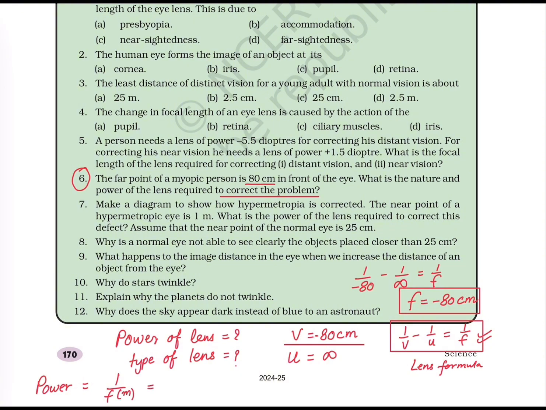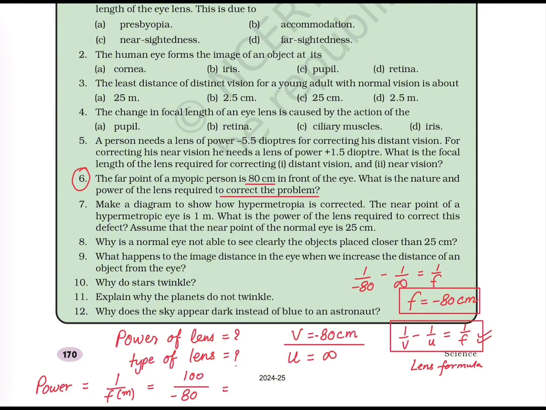Now, in this case, we have the power that is to be calculated for a focal length of 80 centimeter. So when it is in centimeter, we will have to write 80 over here and 100 in the numerator. That is how we can convert focal length from centimeter into meter. Now we also have to use the sign, that is minus 80.